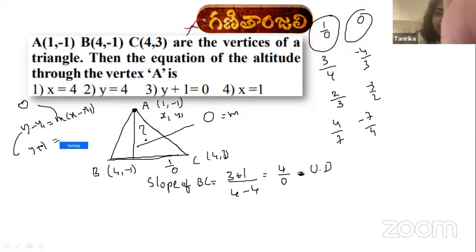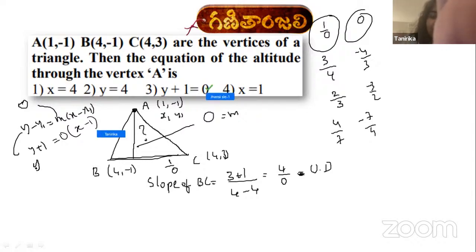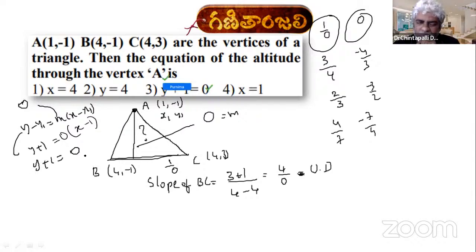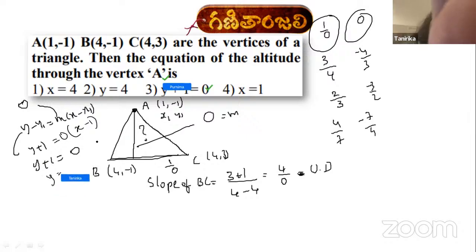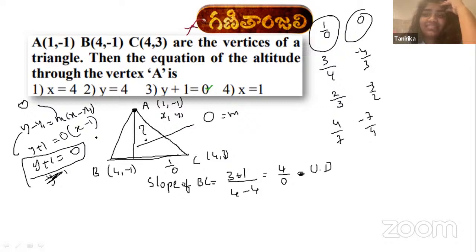That equals 0 times x minus 1, and 0 times anything is 0. So y plus 1 is equal to 0. Option 3 is correct.